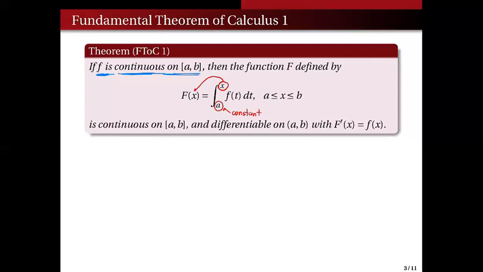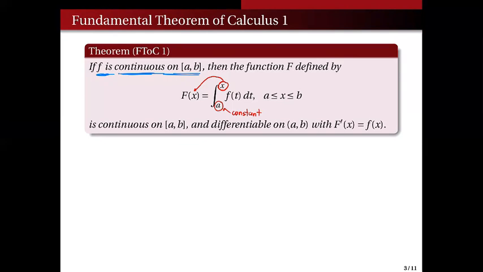It's fixed. In this case, it's actually the leftmost endpoint of your interval. Take note, your x will only take values from a up to b, inclusive. So the lower limit of integration here is this leftmost endpoint of your interval. And of course, inside here, the t and t are dummy variables.